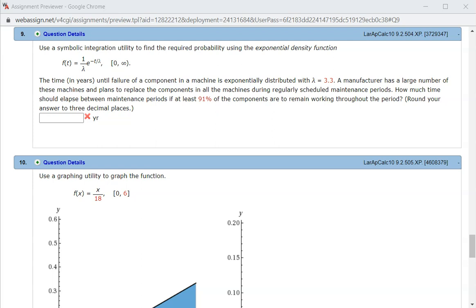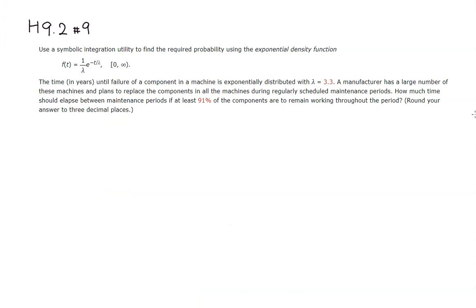All right, so let's just set up the integral. We know that this is going to be f of t. Maybe I'll write that. Lambda is 3.3, so 1 over 3.3 e to the negative t over 3.3, right?